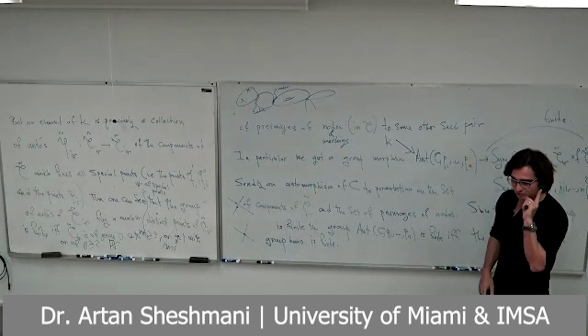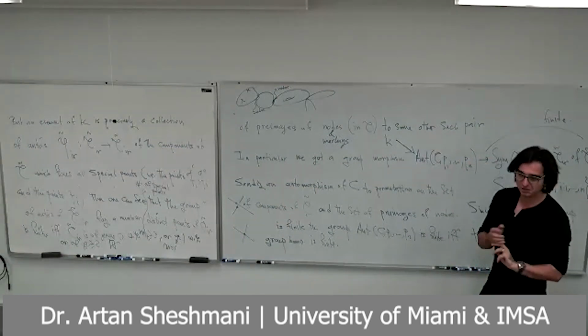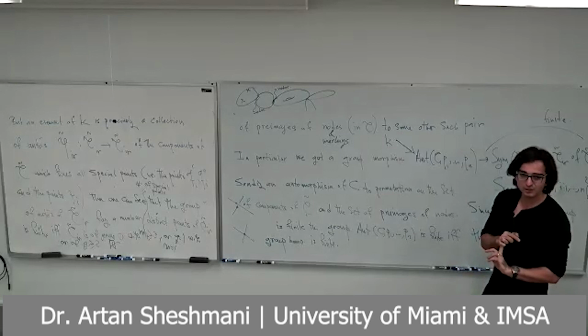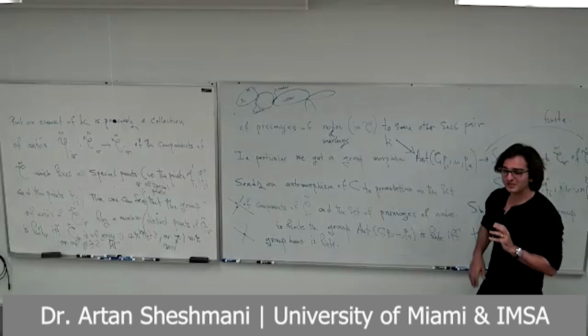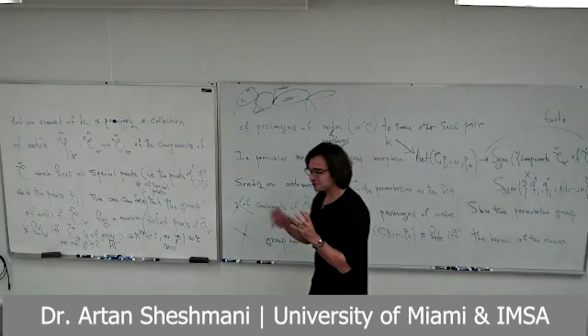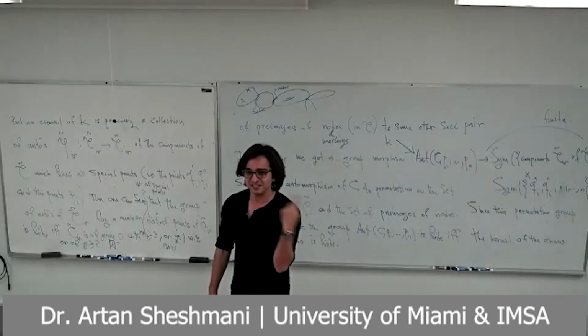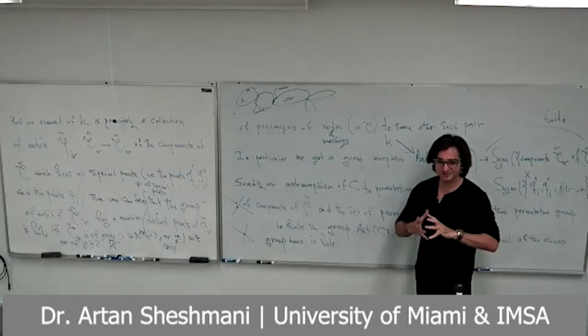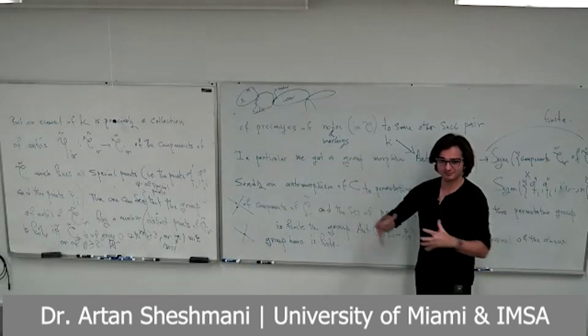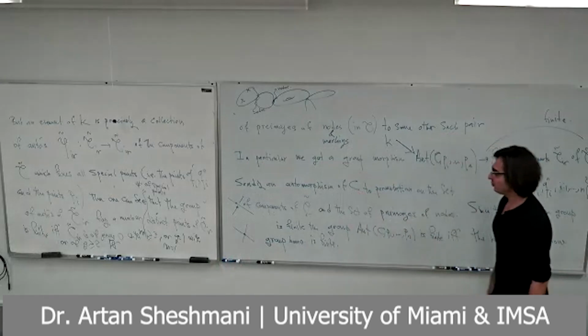Genus 1 components need to have 1 special point, marking or node doesn't matter. The rest needs to be at least genus 2. If there is some genus 0 piece which doesn't have 3 special points, that has infinite automorphisms, scalings. Think about the sphere that you're scaling its radius any way you want.